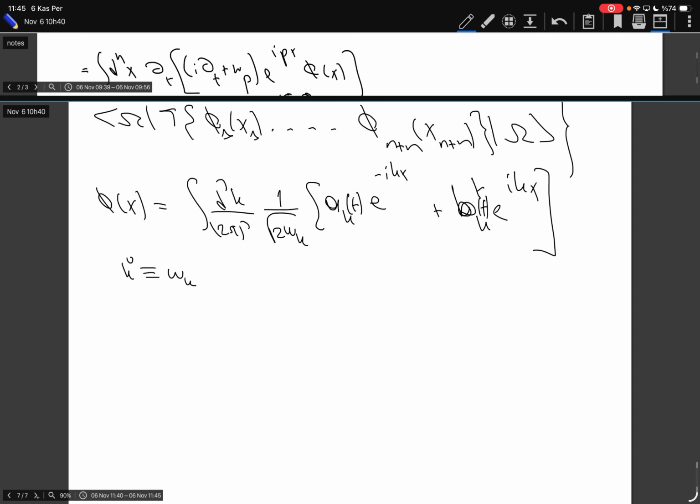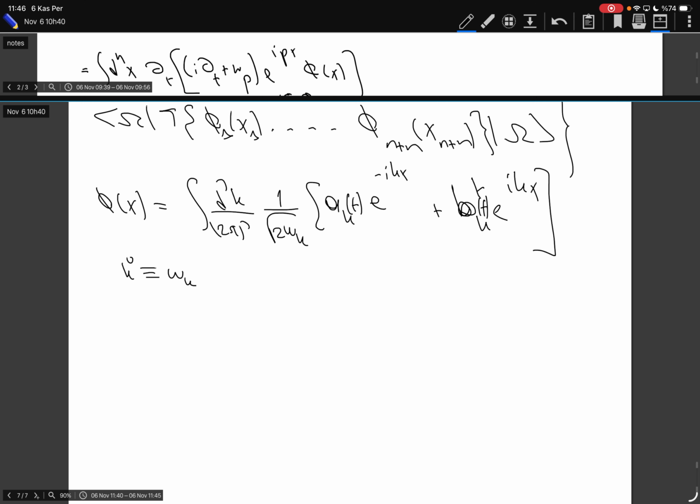And I will also make the assumption that V is 0 at minus infinity. So at minus infinity, there's no interaction, no potential. But at a very early time, I turn on the interaction. At a very late time, I turn off the interaction so that at t equal to plus infinity, still there's no interaction.